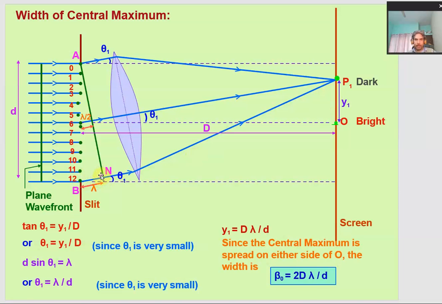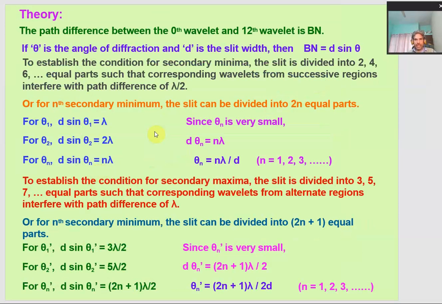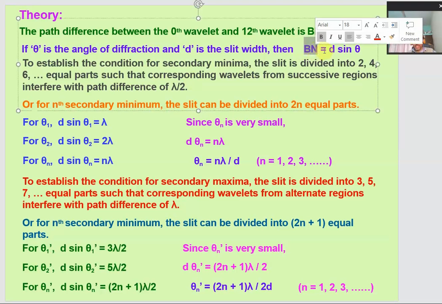So how much is this BN? We will find the conditions according to this path difference, right? For finding BN, we take this right angle triangle ABN and find sine theta, right?